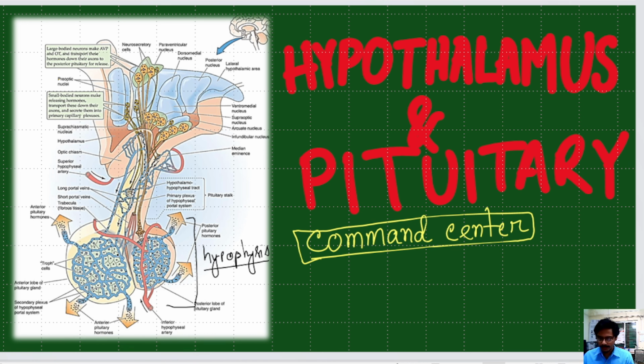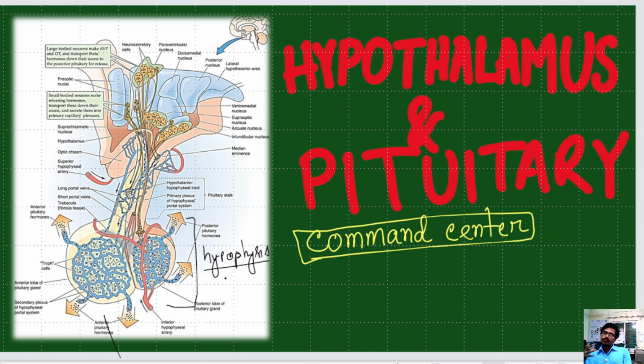I'll go through these details. First we need to know the common understanding. There are two types: one is the adenohypophysis, another is the neurohypophysis.